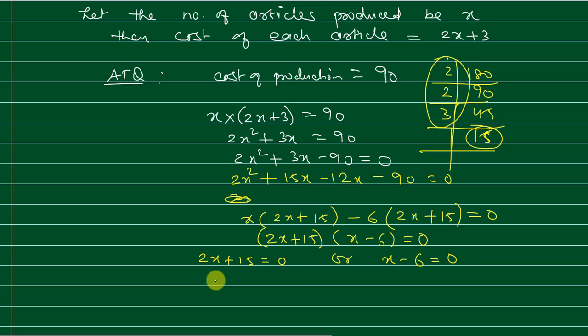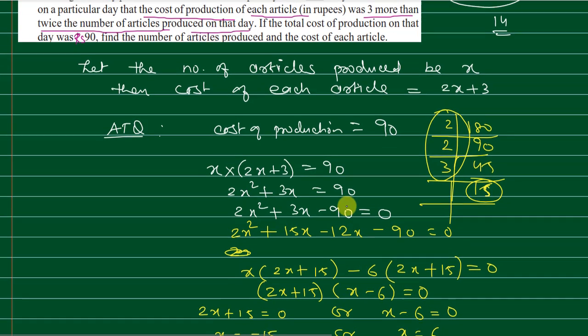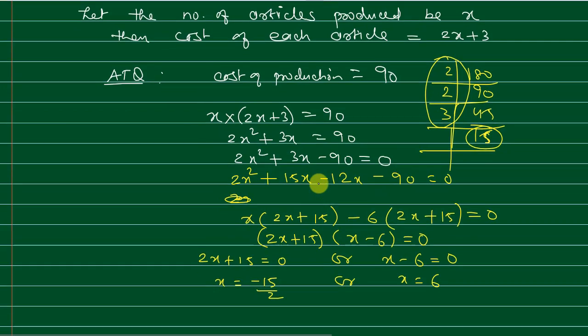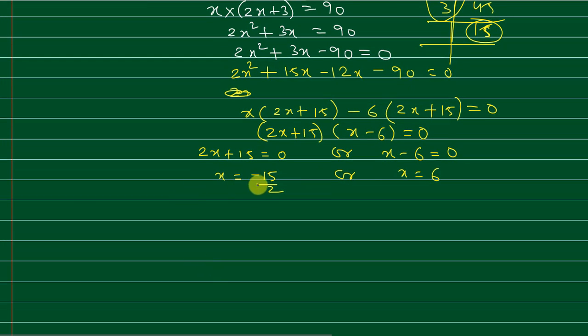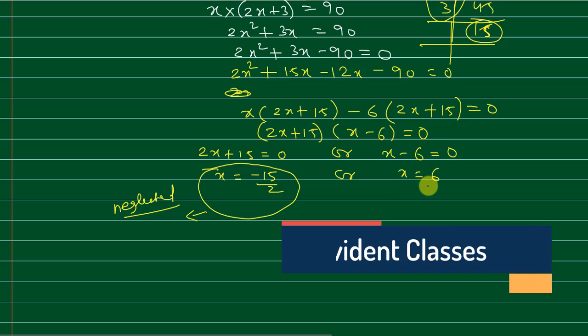If 2x plus 15 is equal to 0, then x is equal to minus 15 upon 2, and if x minus 6 is equal to 0, then x is equal to 6. Now what was x assumed? X is the number of articles. Number of articles cannot be negative or a fraction or a negative fraction. So this has to be discarded. This has to be neglected. So the value we have to accept is x is equal to 6.